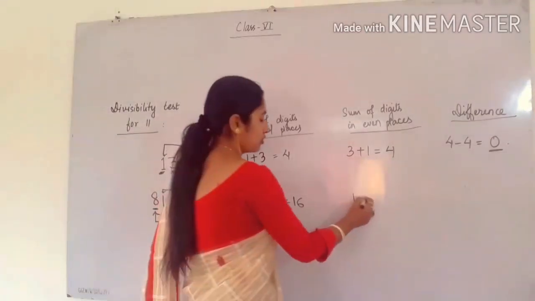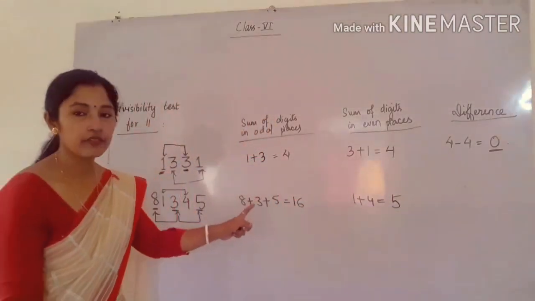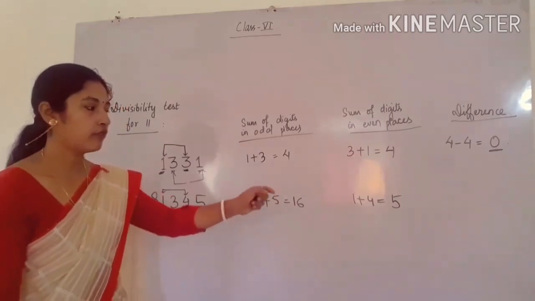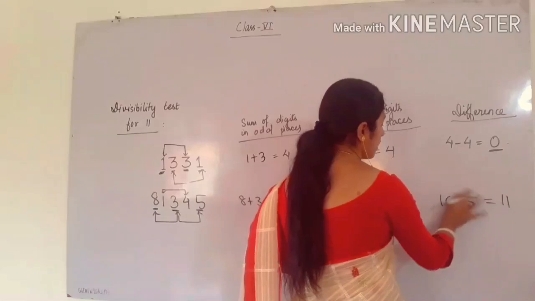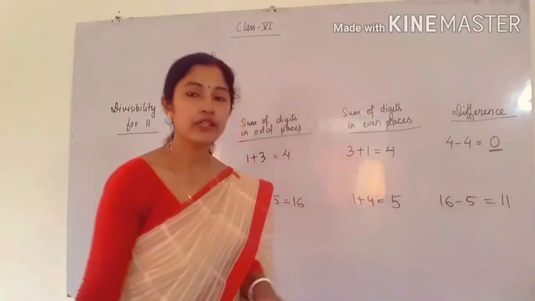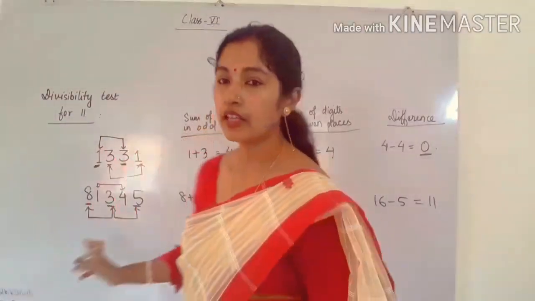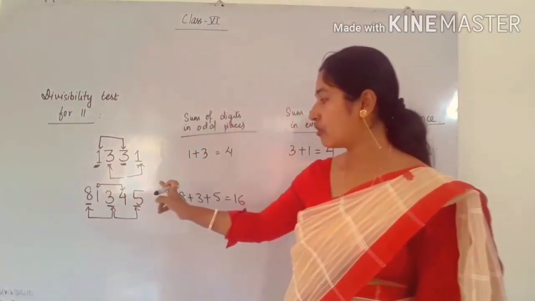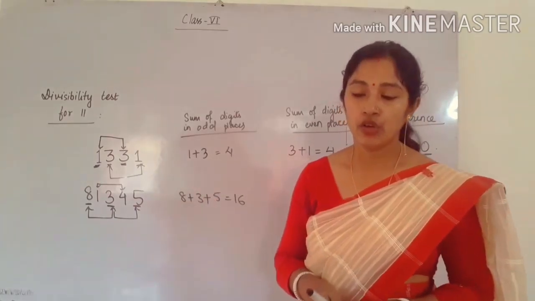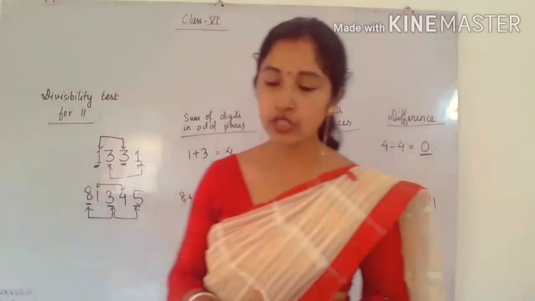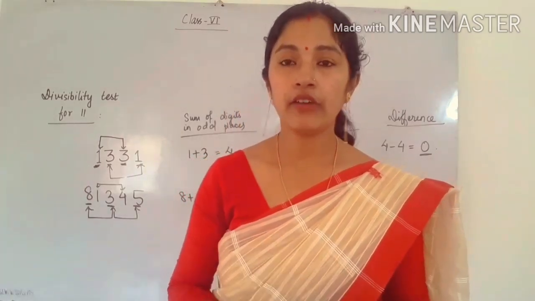So 1 plus 4 is 5. Now you have to take the difference of 16 and 5, which is 11. Is 11 divisible by 11? Yes. So the given number, 81345, is also divisible by 11. So here you have to check up to divisibility by 11.